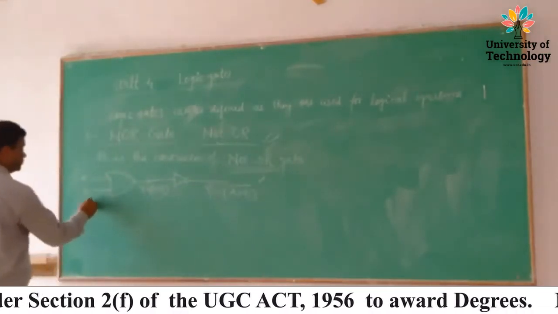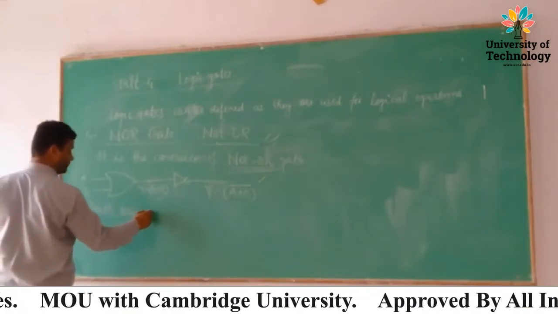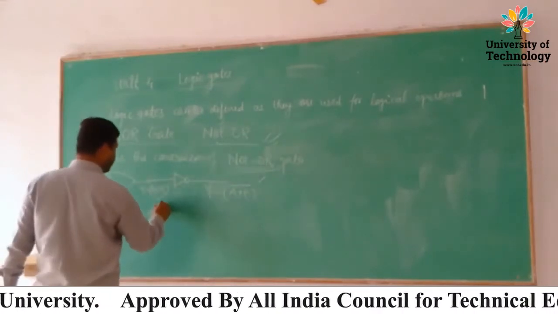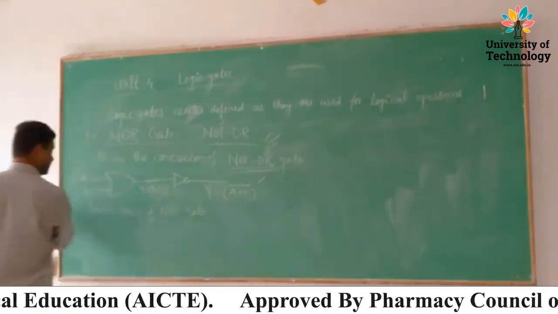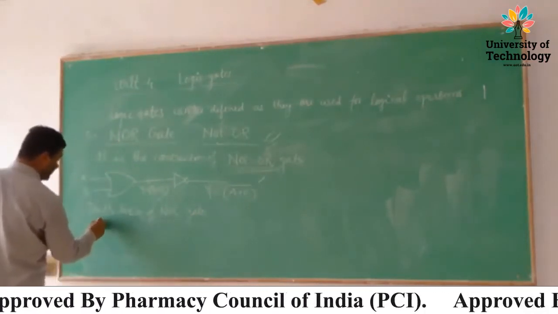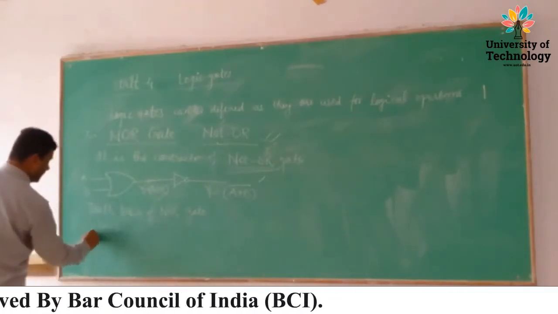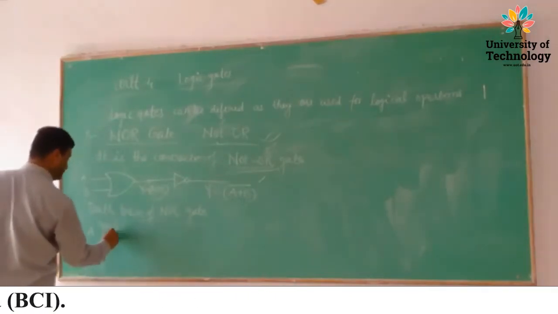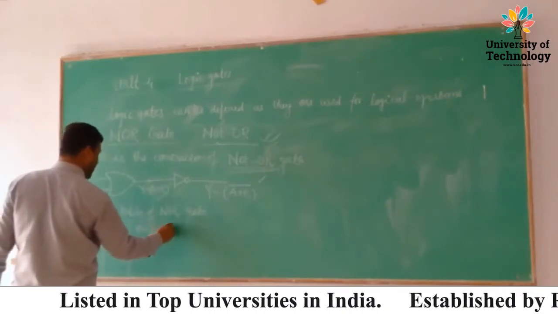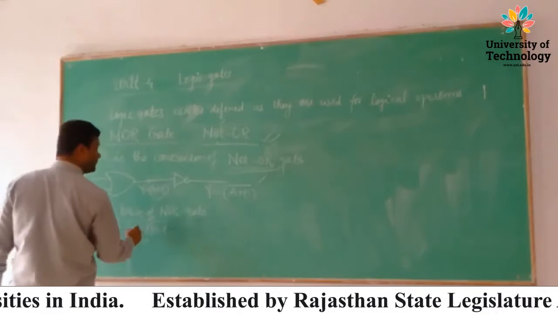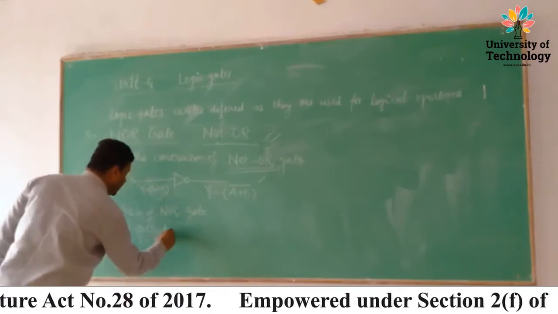Now further moving to the truth table of the NOR gate. We will consider inputs A, B, output Y, that is A plus B bar.